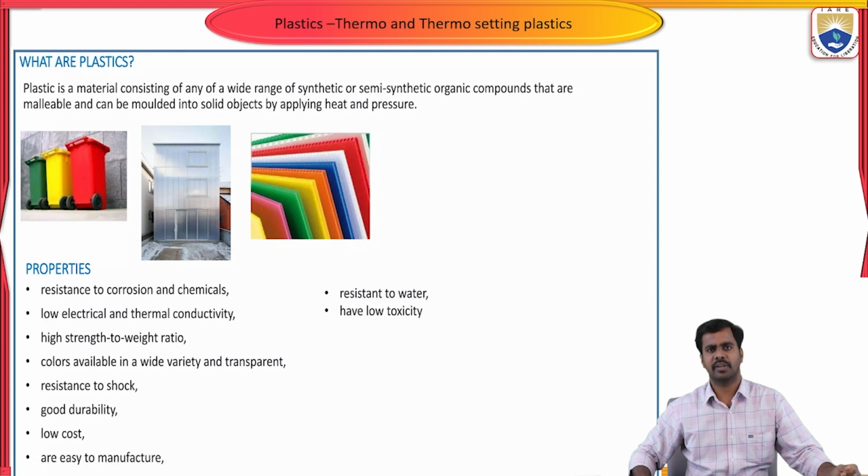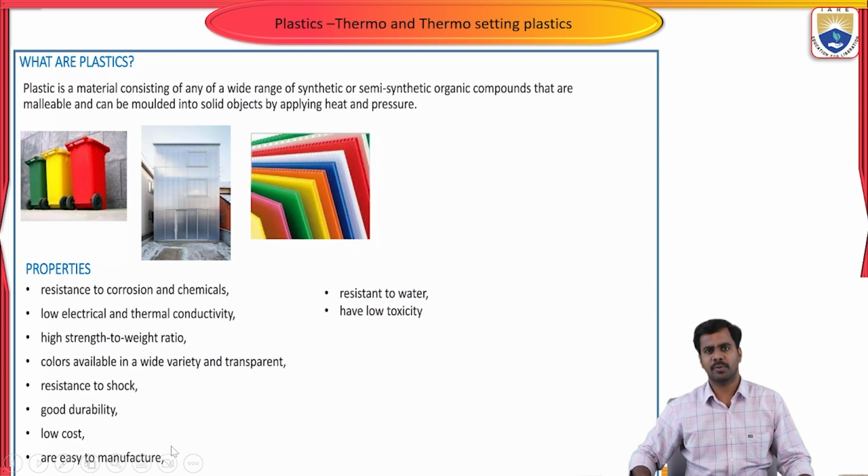The strength to weight ratio is very high. And next, plastics are available in different colors as well as transparent. Plastics are resistant to shock, and durability is also very high in the case of plastics. And with respect to cost also, plastics are very inexpensive.